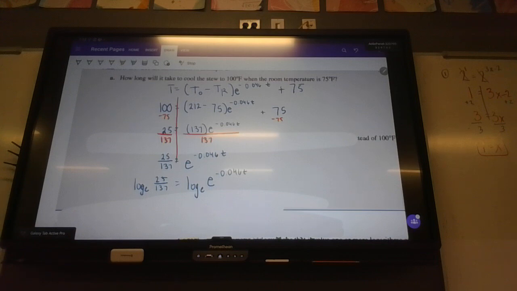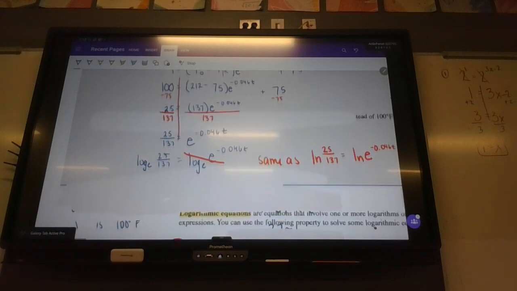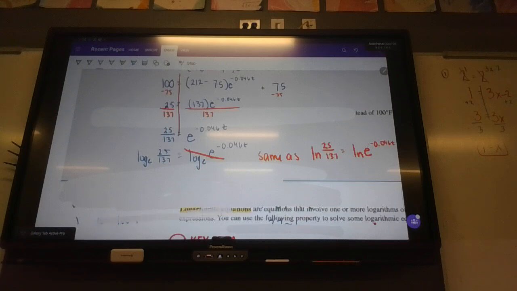No, log e of e, whenever the subscript matches the argument, it cancels. And this is the same as ln. I just don't have enough room. I bet you don't either.